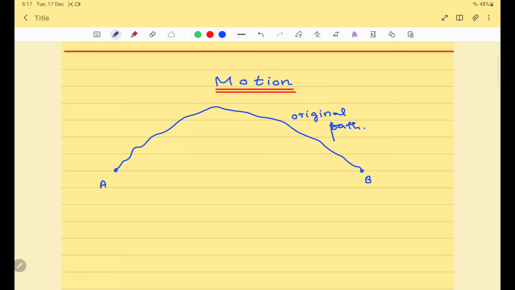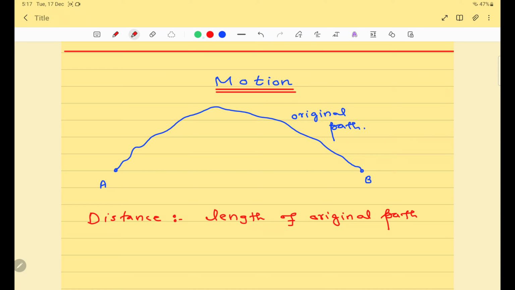And if I ask you to measure the length of this original path, then remember the length of the original path which a body follows is called distance. So distance is the length of the original path of a moving object.